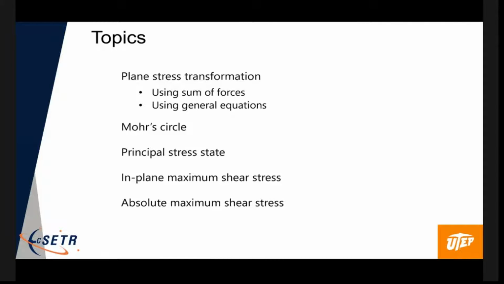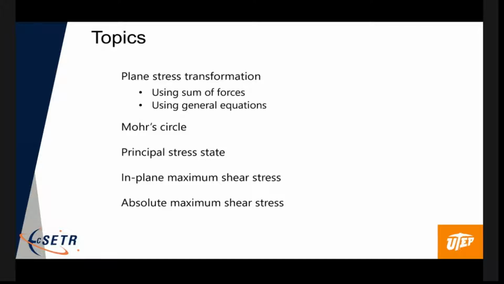I am not going to derive all the equations as I have done in the past, just because we're a little bit behind and we do need to get to beam deflection and that sort of stuff and column buckling. So a lot of the derivational stuff will be flipped.